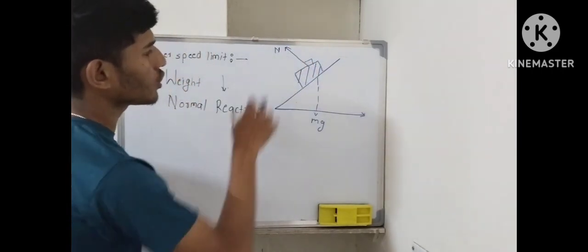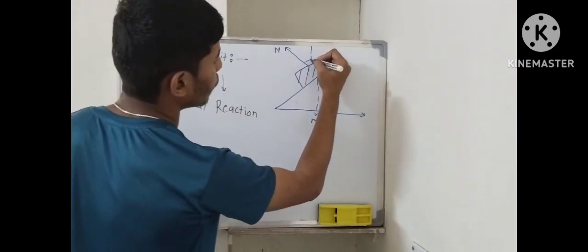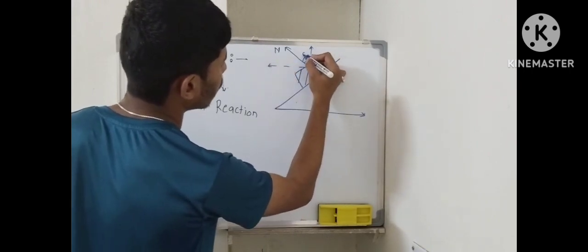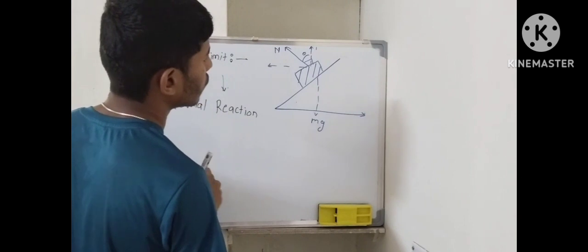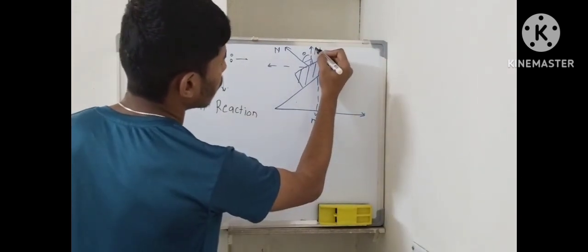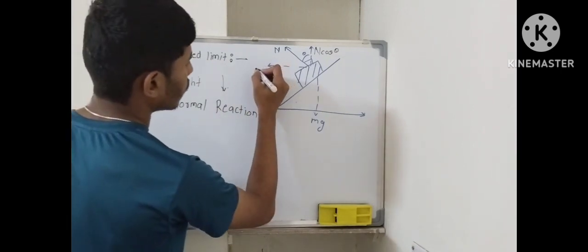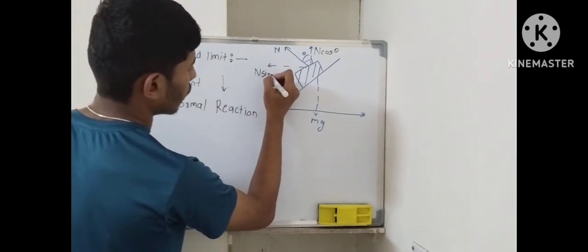We had resolved this normal reaction into two components: the first one is n cos theta, and the second one is n sin theta, away from the center.